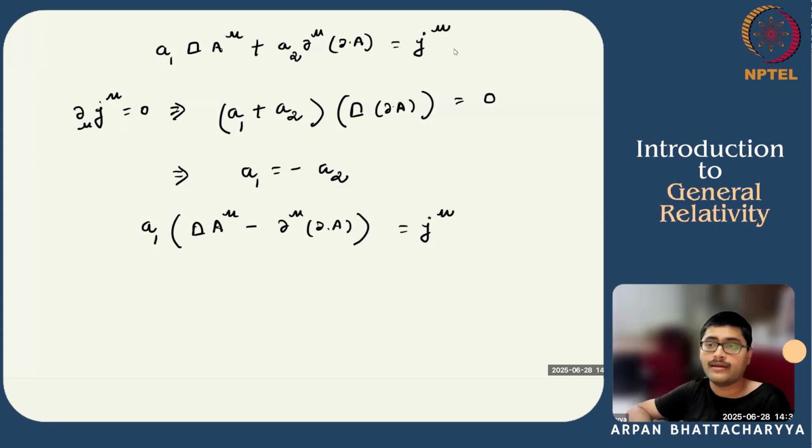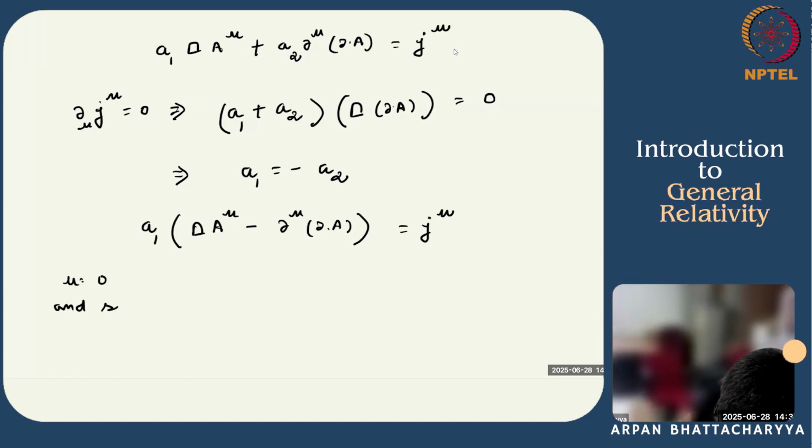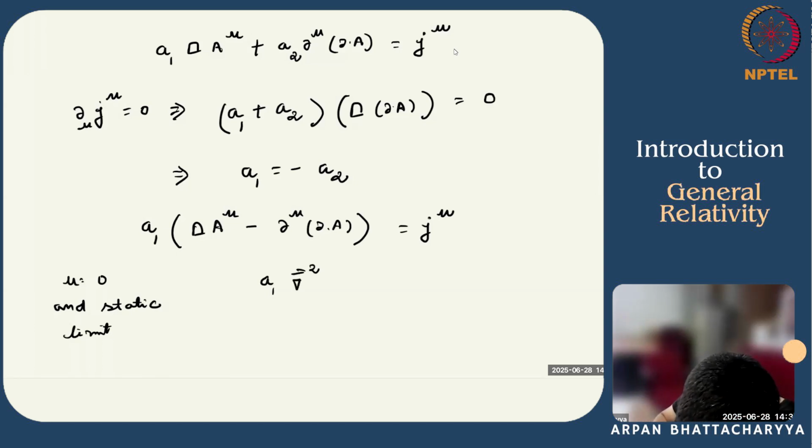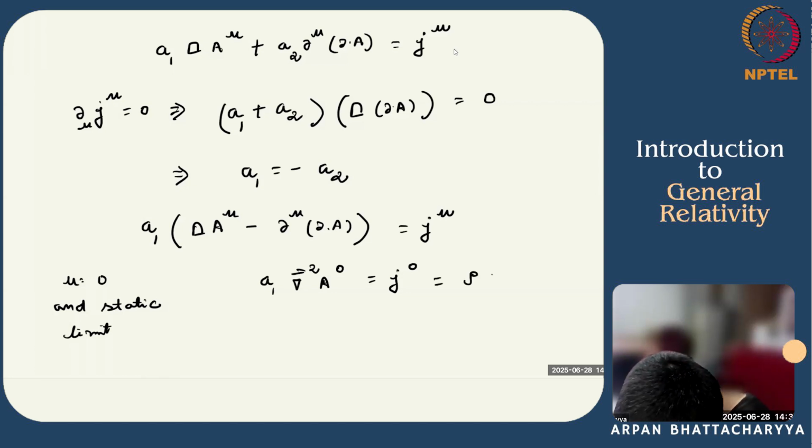Okay. Now again look at the zeroth component of this equation and take the static limit. What is that? A1 times box, in the limit, will be del squared A0. The second term will vanish. This is J0. But what is J0? J0 is rho times c.